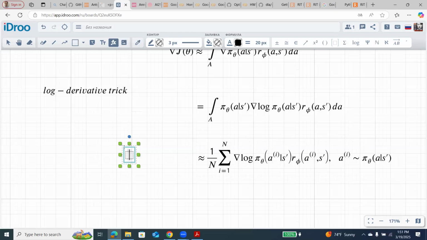And this algorithm also is implemented in Hugging Face. And when you do the homework, it will run this algorithm for fine-tuning your model with the reward model. Okay, let's stop here.